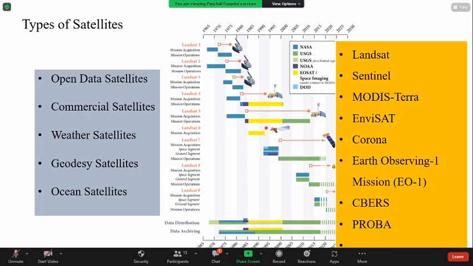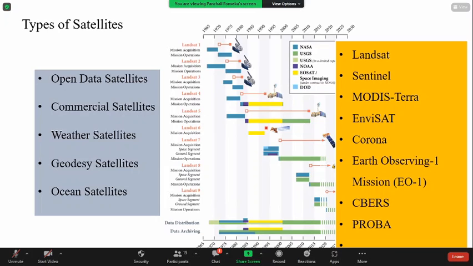To continue this long-standing legacy, NASA launched Landsat 9 last year in September. And Sentinel is also like a clear upgrade to Landsat, but it is missing the thermal band.